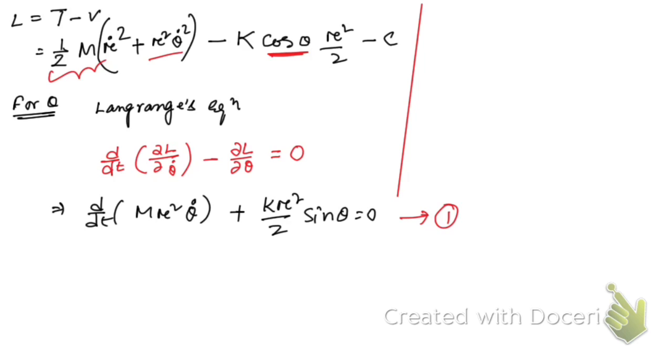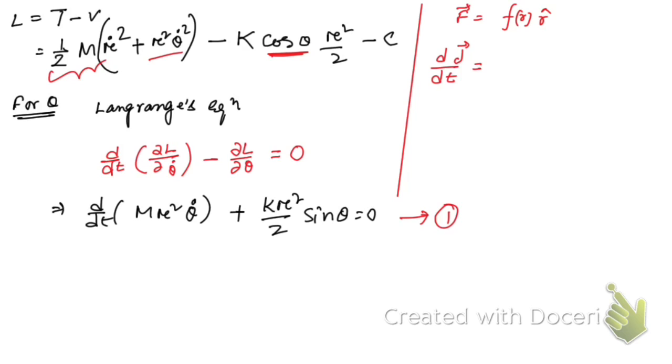Since the central force F is nothing but F of r cap, right? Now we know the derivative of the angular momentum. Let me not use L, let me use J for angular momentum, because here I'm using L for the Lagrangian.